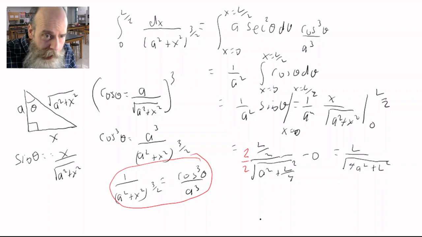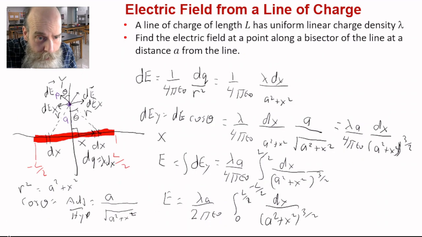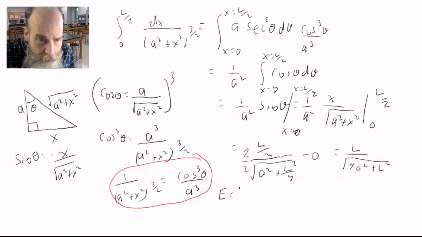And now let's go back. So what is the electric field going to be? Electric field is lambda a over 2 pi epsilon 0 times that integral. Oh, I forgot the 1 over a squared factor.